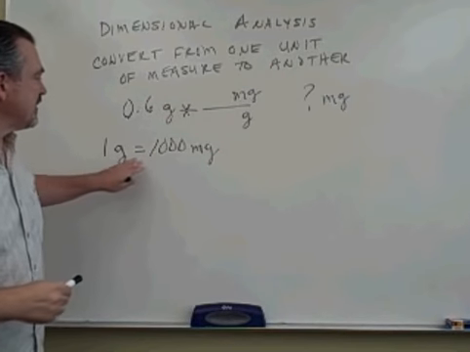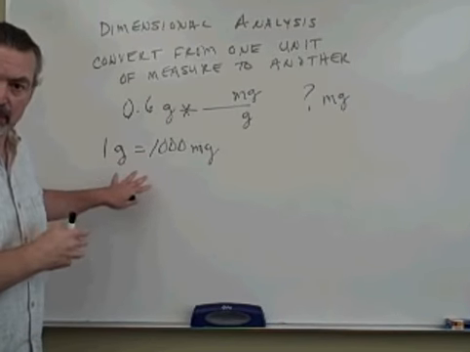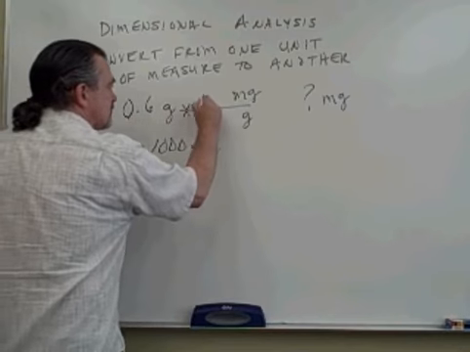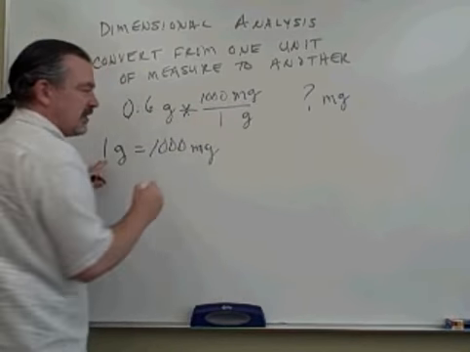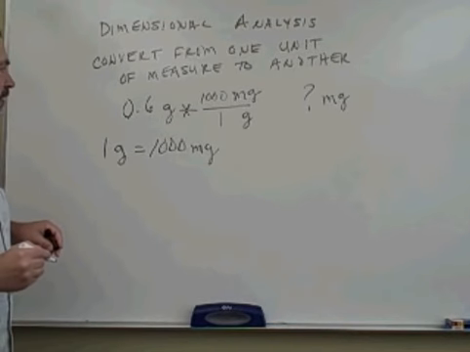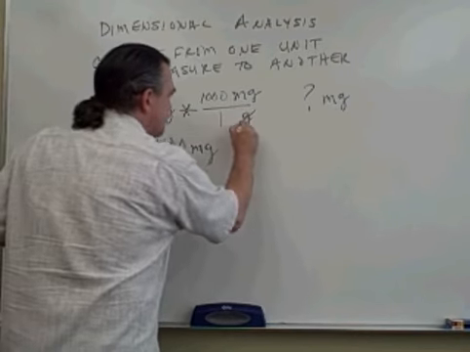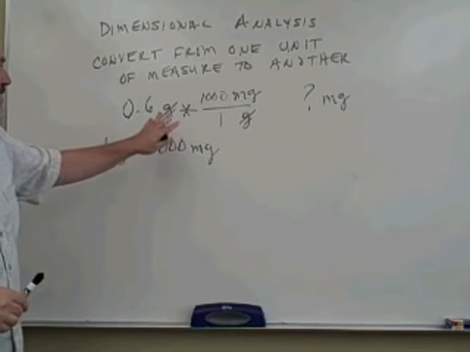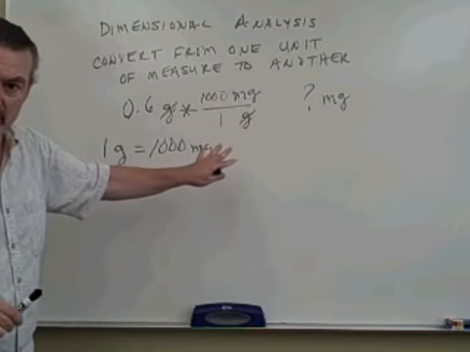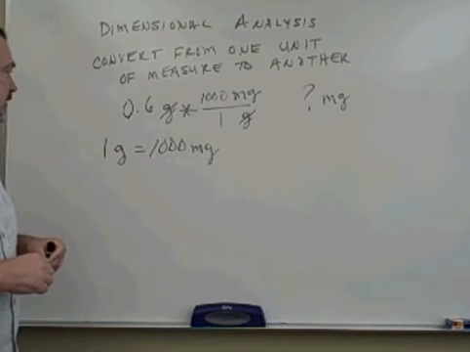And then I put in the numbers that come from the equivalence. 1,000 is with milligrams when 1 is with grams. And so now these dimensions will cancel, and those dimensions canceling leave me the dimension of milligrams, which is what I wanted.